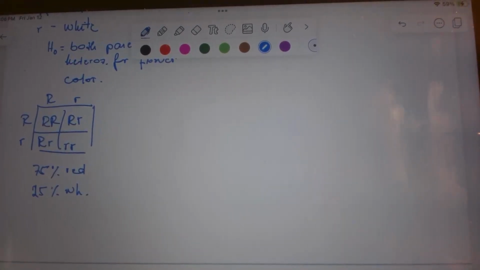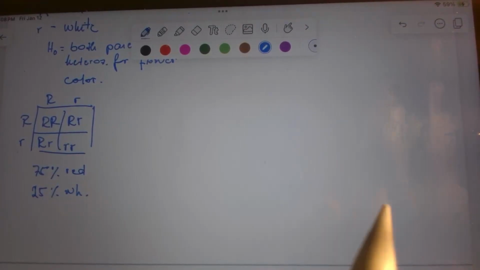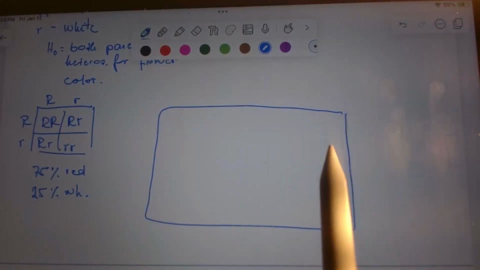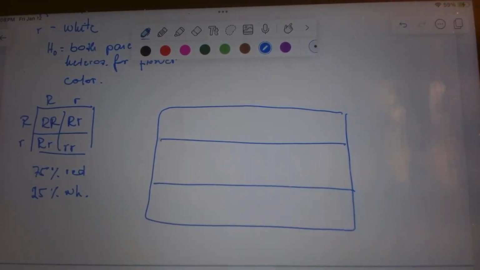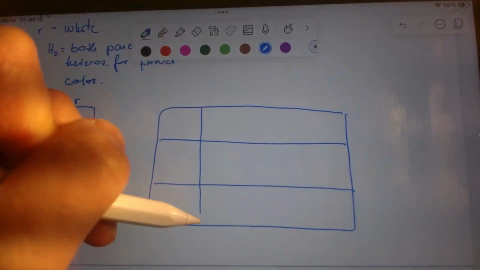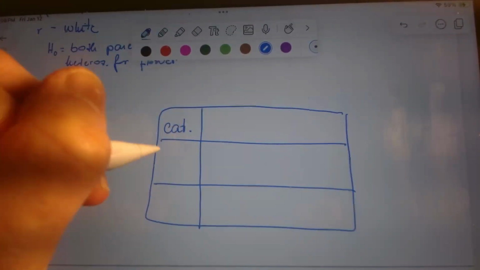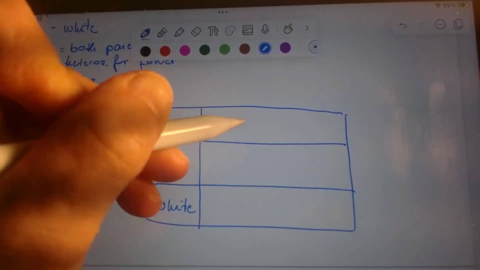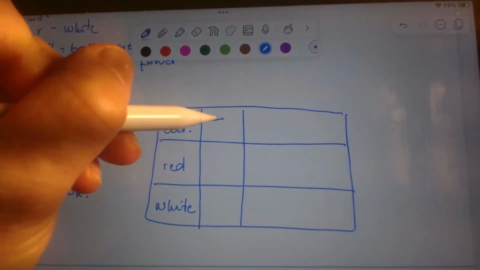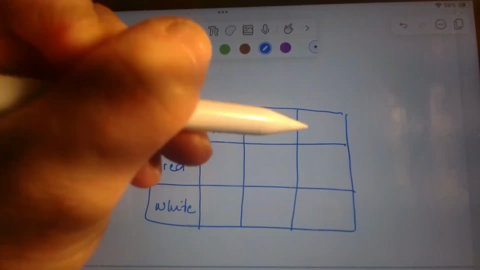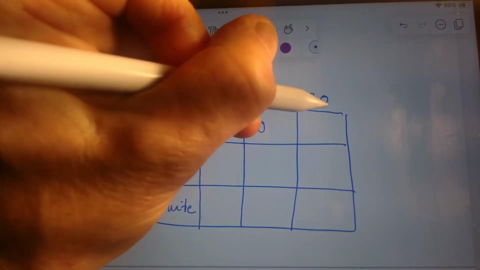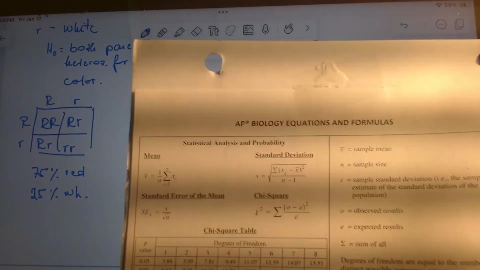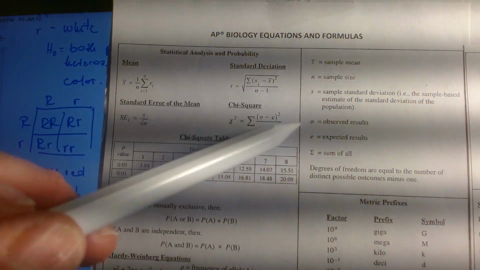Okay, so let's do the table here. This will be the categories. It will be the red and the white. And this is the expected value, observed value, and the O minus E squared divided by E. That's what I'm using, the chi-squared.